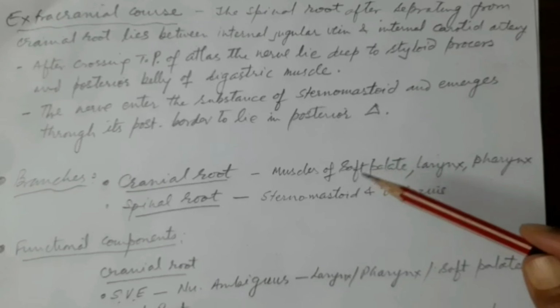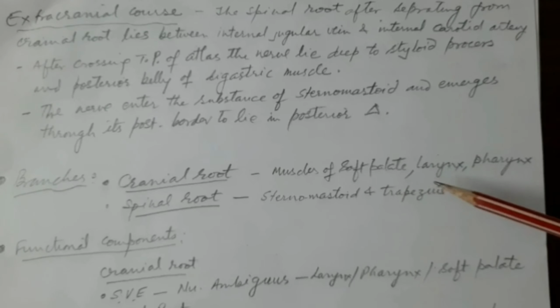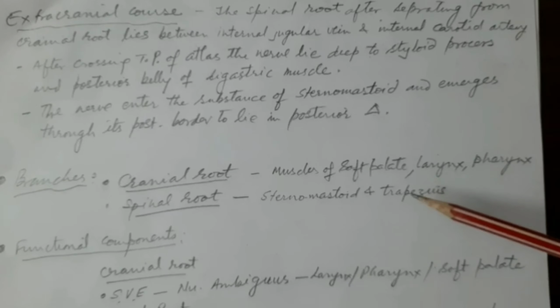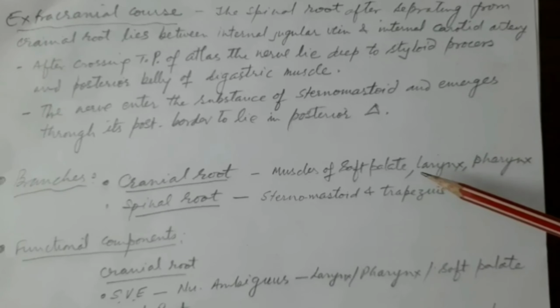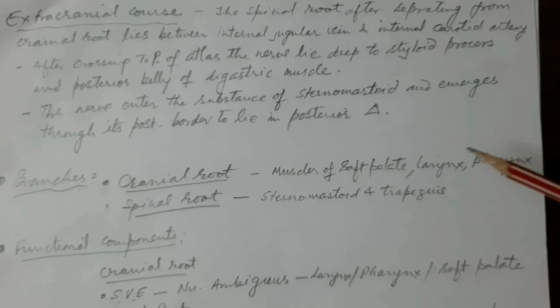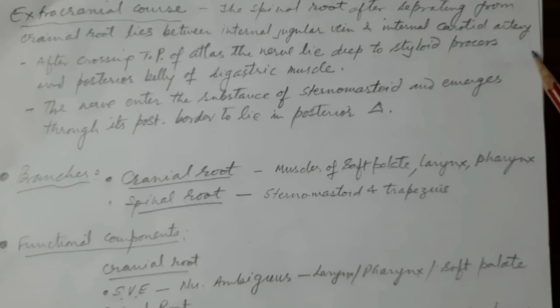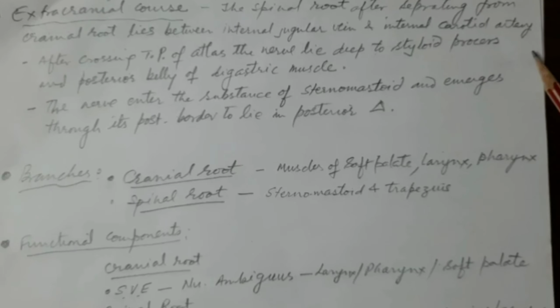All the muscles of the pharynx will be supplied except one muscle, the stylopharyngeus, which is supplied by the glossopharyngeal nerve. All other muscles of the pharynx, as well as the intrinsic muscles of the larynx, will be supplied by the vagus nerve.